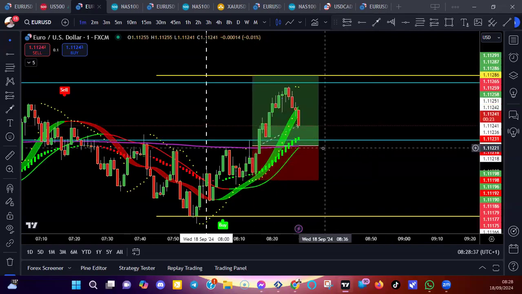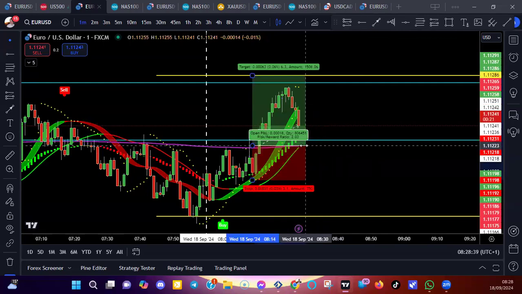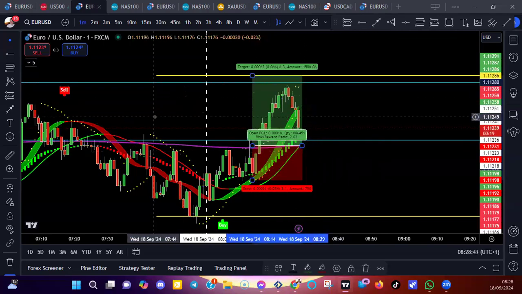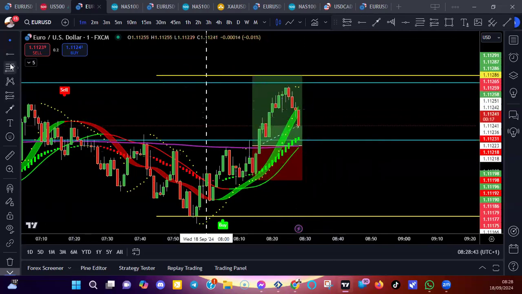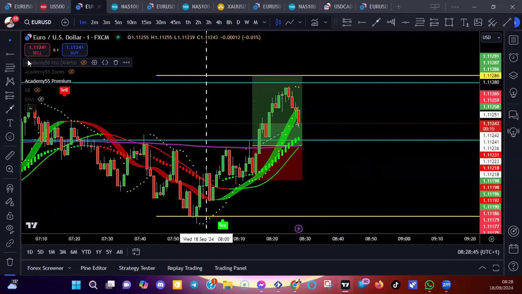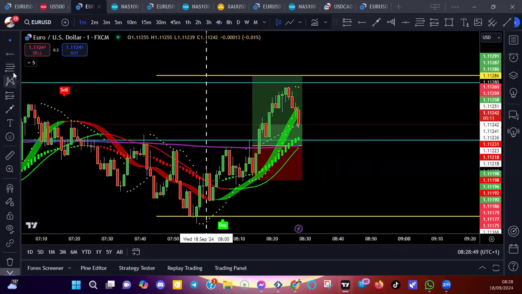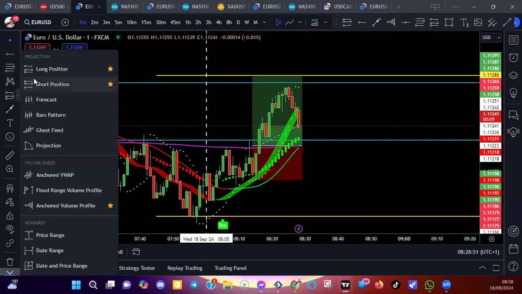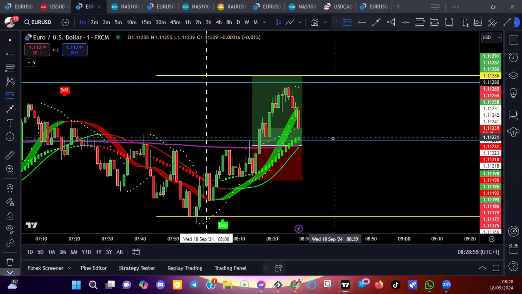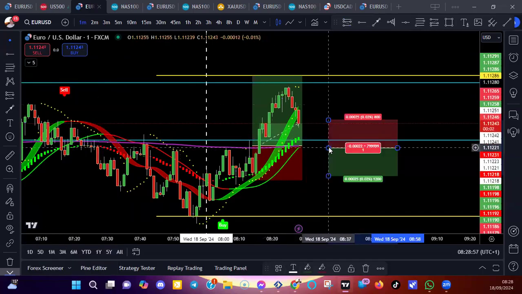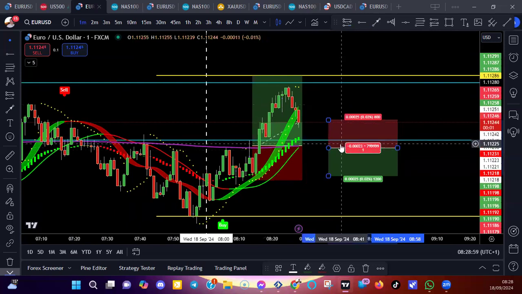But right now, I'm looking to get into a sell because we're in a sell zone after all. So this is the scenario for a sell. It'll be there.